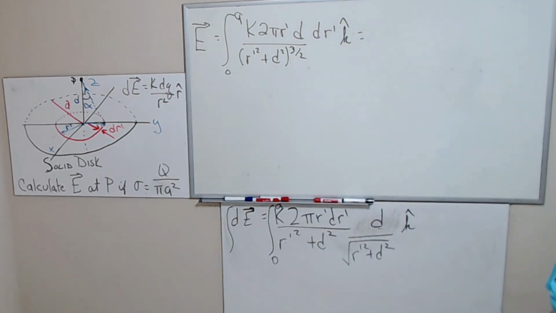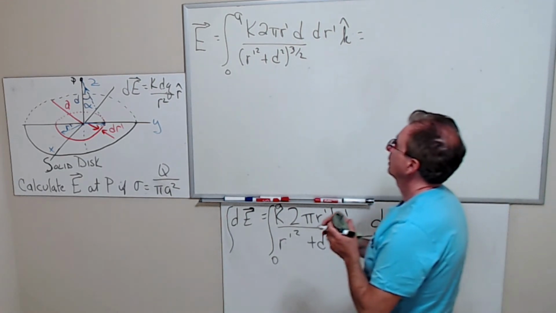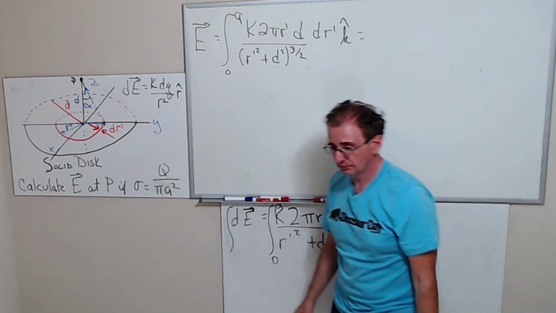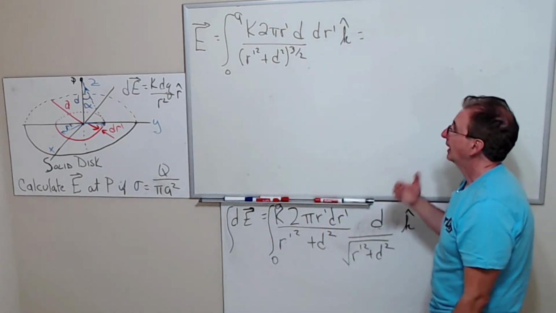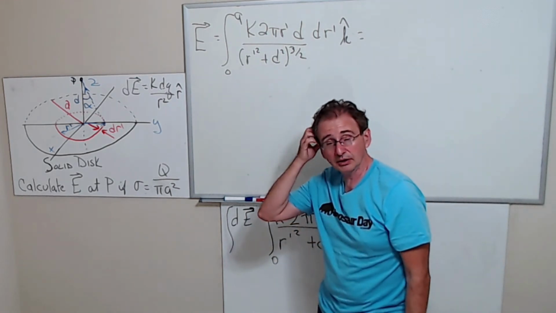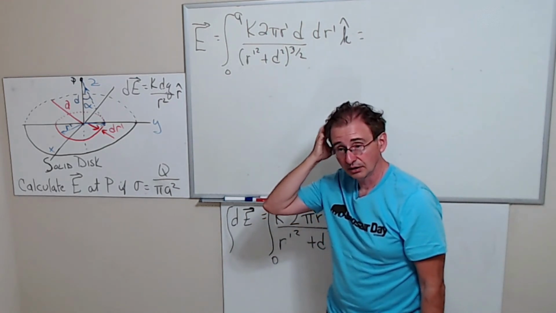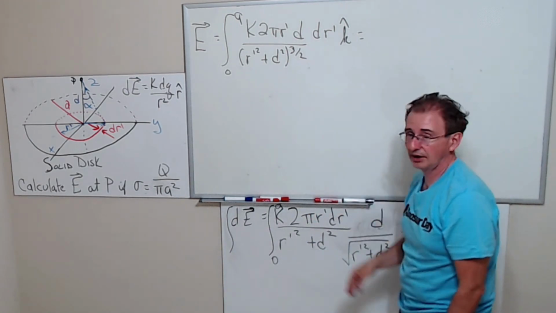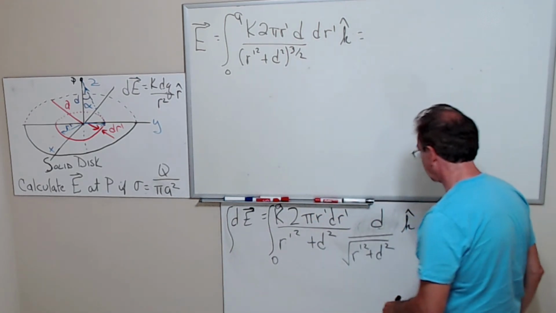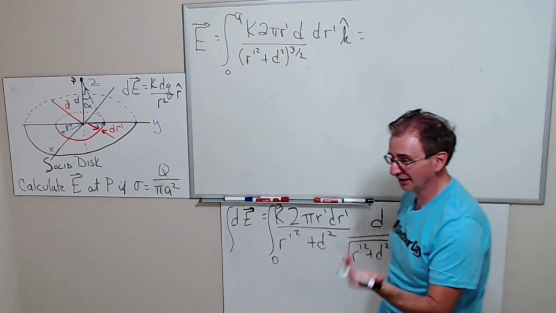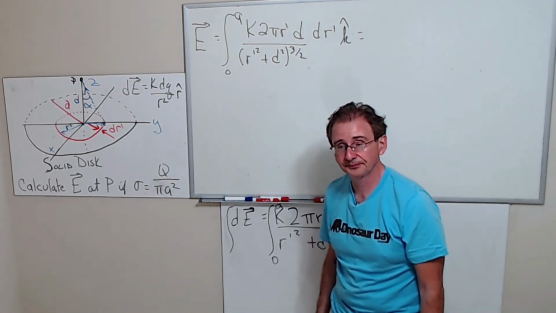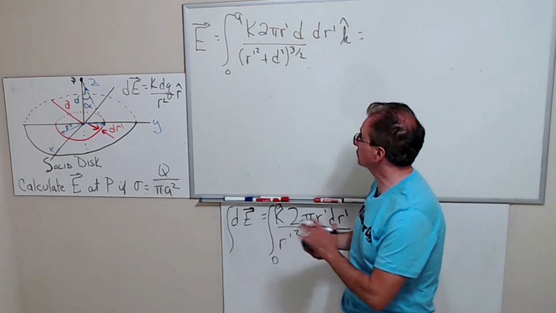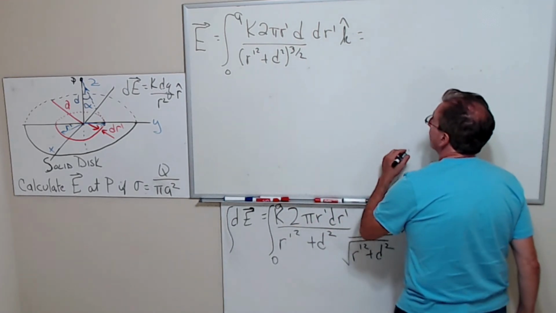And so all I've got to do is evaluate this integral. I can do it by u-sub. I'm not really interested in doing the integration. You should know how to do this already. You already had Calc 2. I'm just going to give you the answer. On a test, I would expect you to do the u-sub, but for our purposes, I'm just going to give you the final answer.